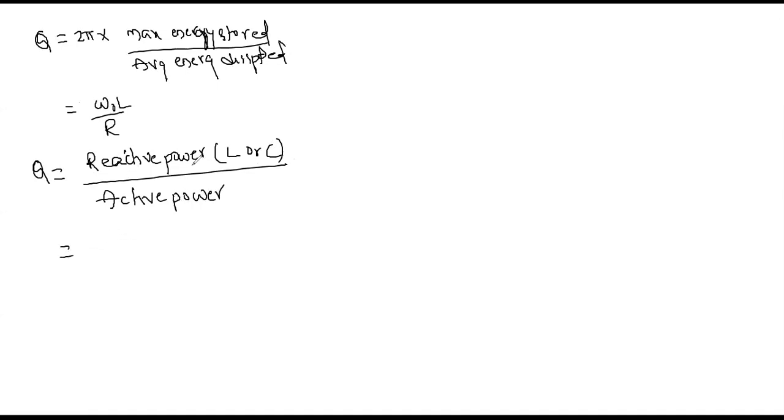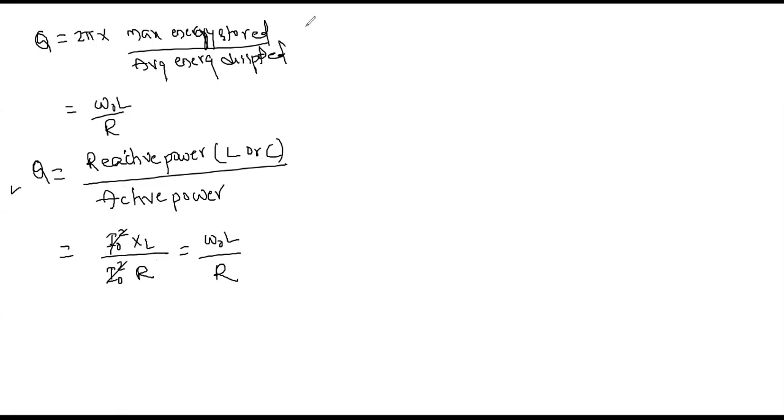That is, reactive power in the inductor at resonant condition is I naught square into XL, divided by active power dissipated in the resistor, which is I naught square into resistor R. I naught square will get cancelled. XL is nothing but omega naught L, by resistor R. So you can also use this expression for quality factor.